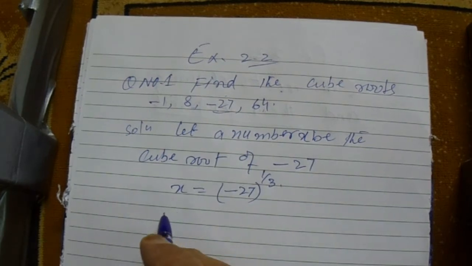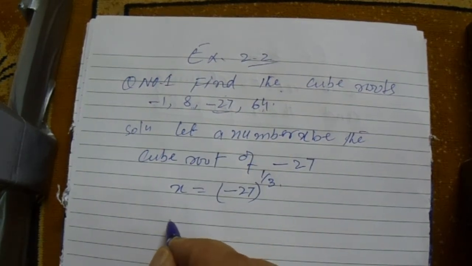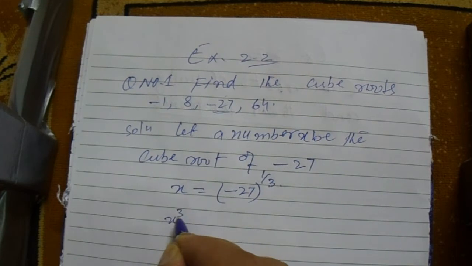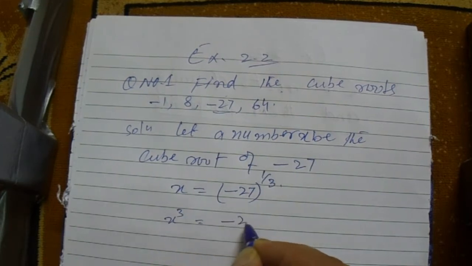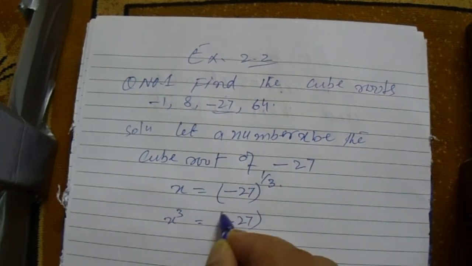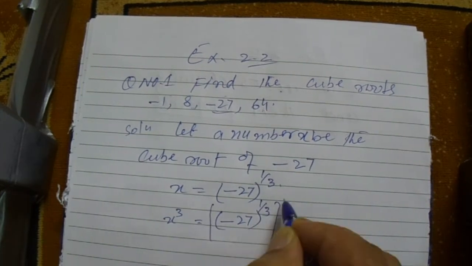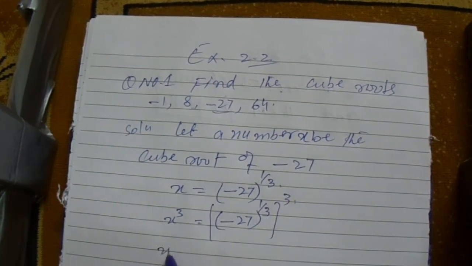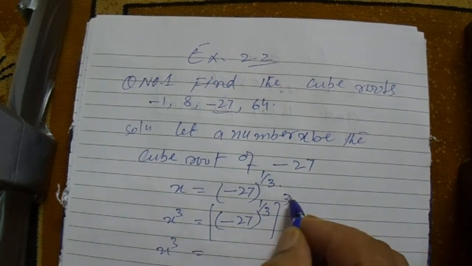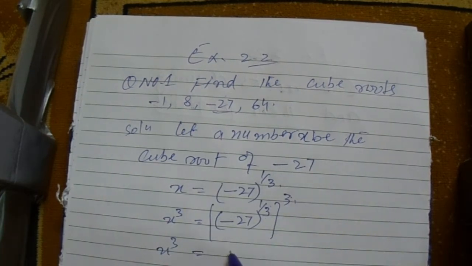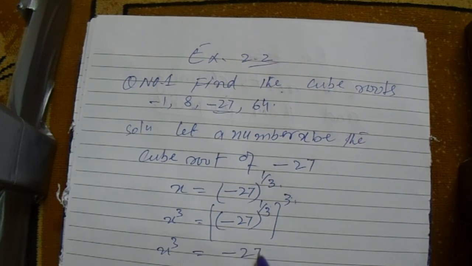Taking cube on both sides, you write here x³ and also (-27), this 1/3 you will also write cube there, and x³ is equal to, this will cancel this, you have only -27.